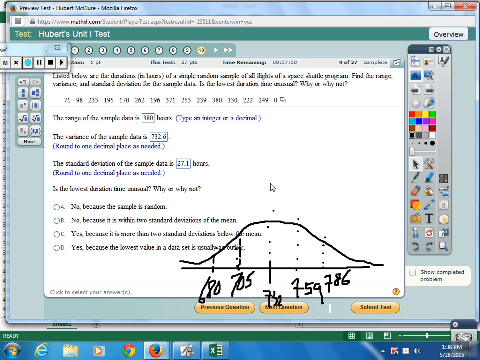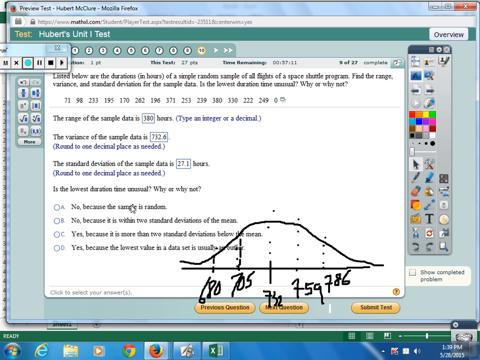730. Okay, so is the lowest duration time unusual? Well, the lowest duration time is 71, right? So is it unusual? Yes. No, actually it's 0. It's still unusual, yes. Is the lowest time unusual?